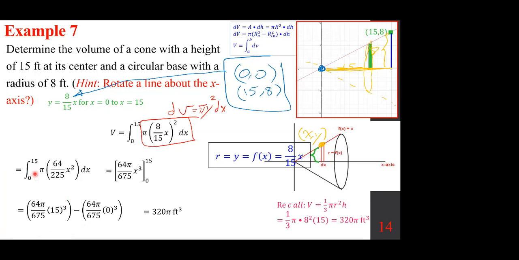So when you look at this cone, what is the radius? 8. What is the height? 15. So 1/3 pi, 8 squared times 15, exactly the same answer. We know this formula, but the question is how to arrive at it. This shows this formula works, believe it or not.